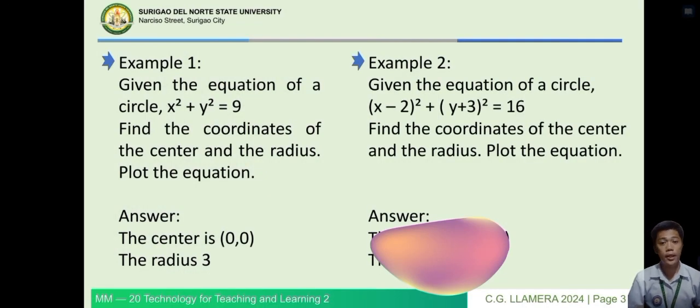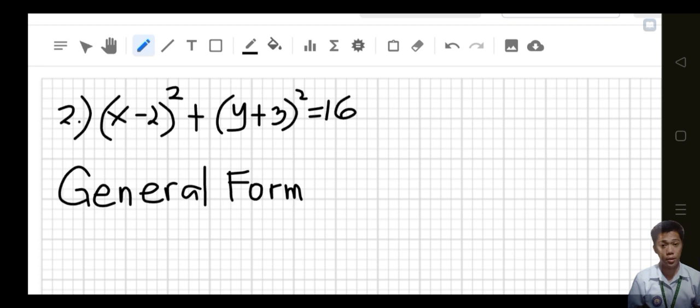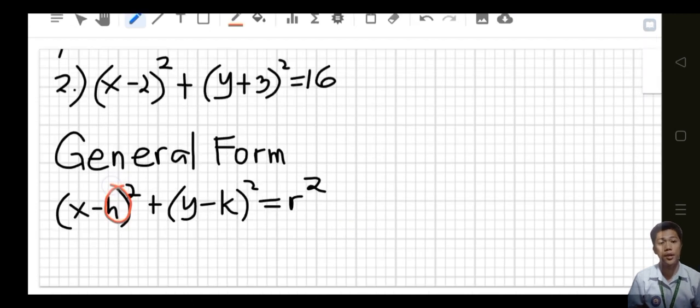Given the equation of a circle, we are going to find the coordinates of the center, the radius, and plot the points. This equation is in general form. So we have (x minus h) squared plus (y minus k) squared is equal to r squared, where h is negative 2 and k is positive 3. Let's substitute the given values.